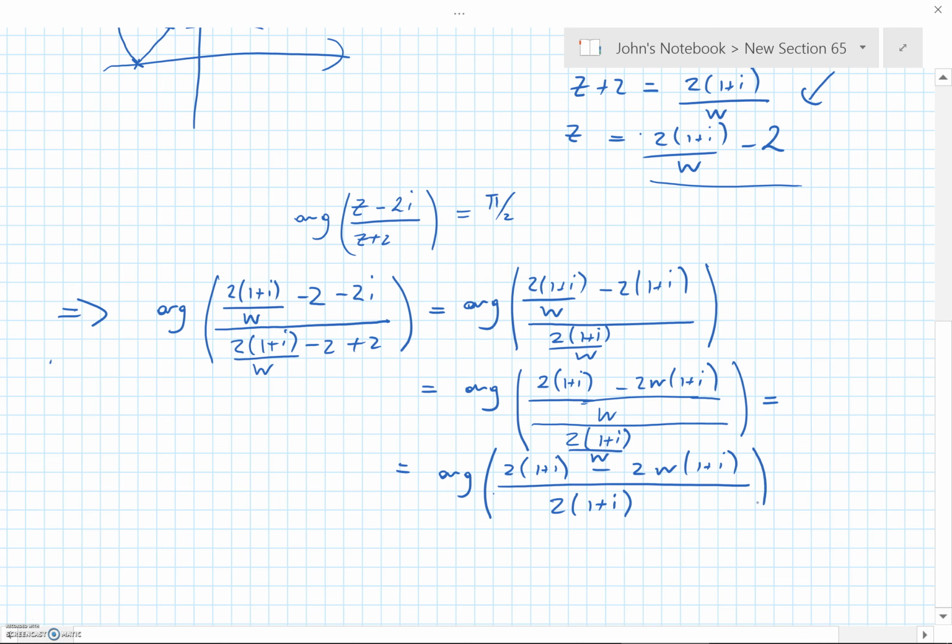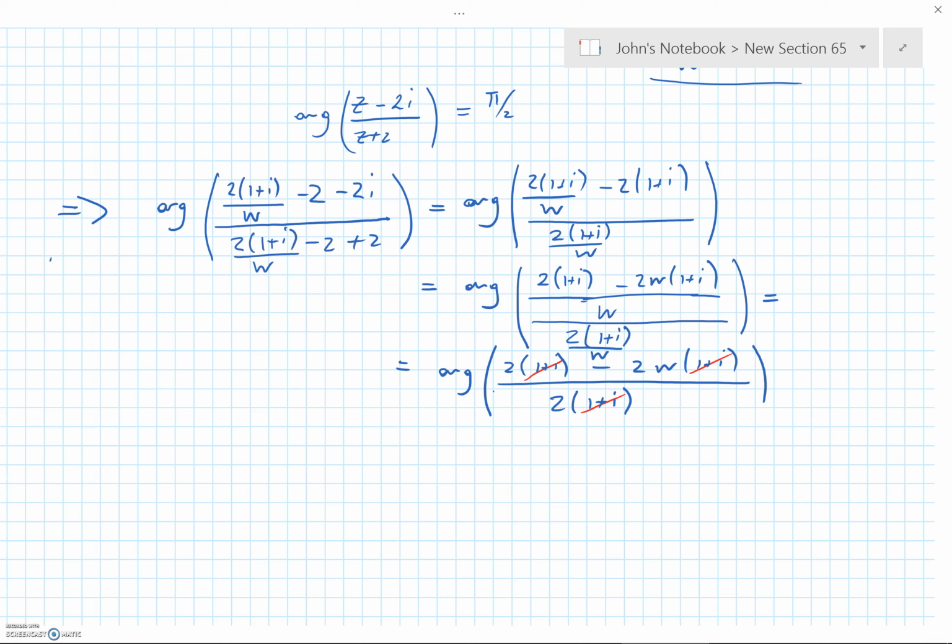Now I'm liking this because we've got a 1 plus i cancelling. Ka-ching. Isn't that good? Seeing these things, doing a bit of tidying up and algebra. Well done for those students who've actually done this right. Some people's work is considerably longer than this, but you got there in the end, which is all very good. So that's 2 minus 2w over 2.